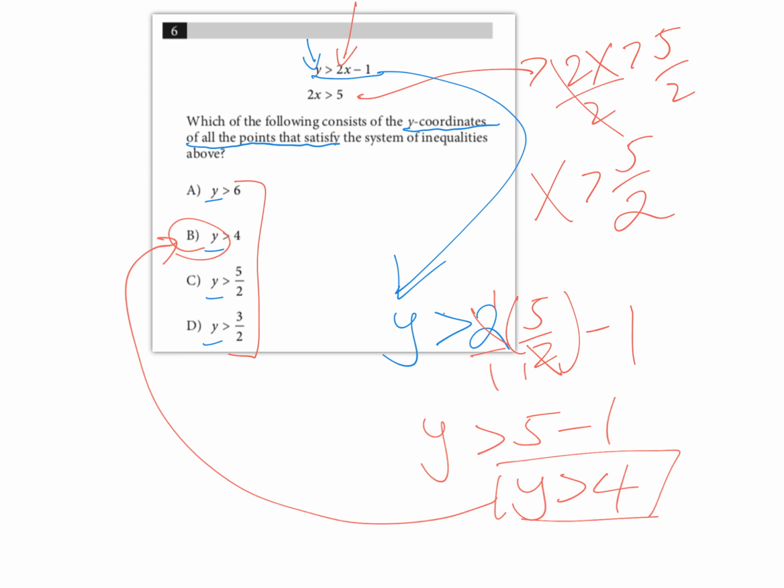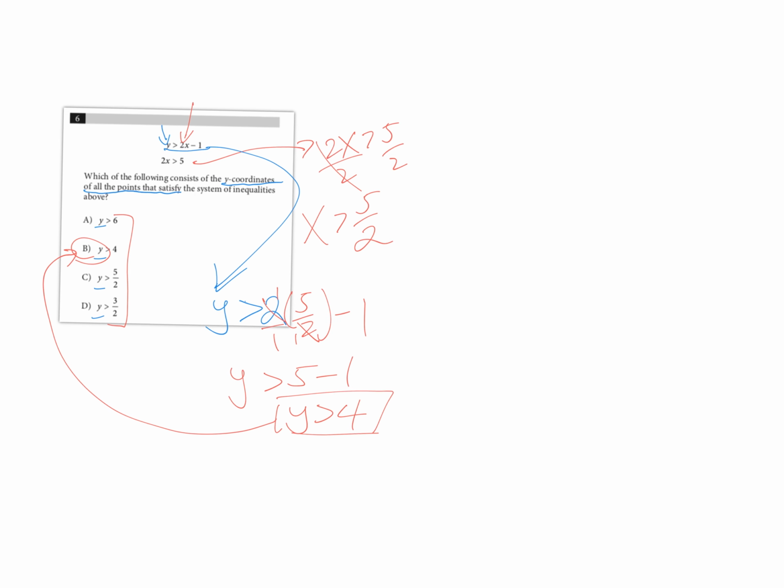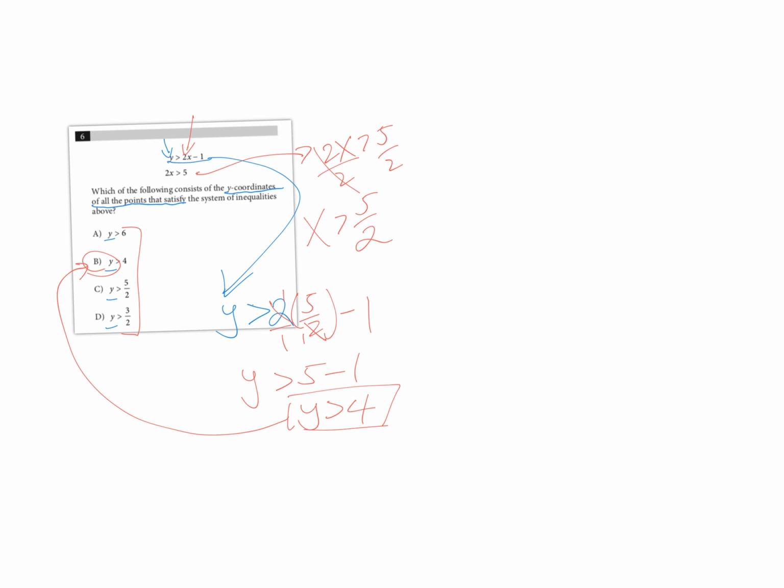Let's talk for a second about what this looks like graphically, so you can understand what we just did here. So if I were to draw a coordinate plane, and I'm also going to try to graph this expression right here, the x is greater than 5 over 2. So you know that 5 over 2 is also the same thing as 2.5.